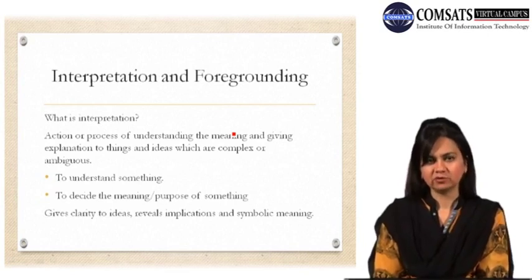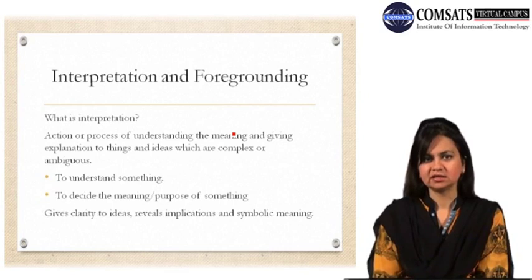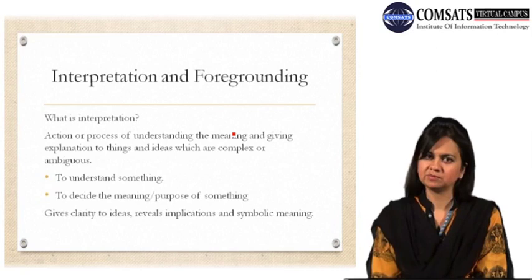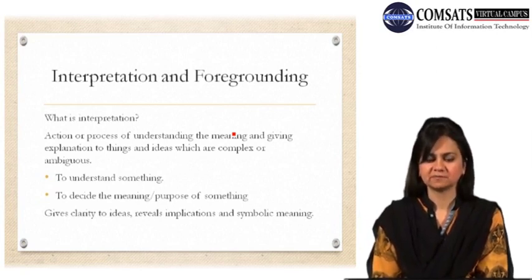Now, as we know what foregrounding is, that it is anything that is brought to light by the writer, either through parallel structure or repetition, or through deviation or disruption.